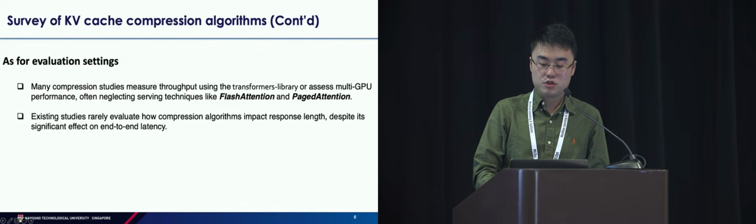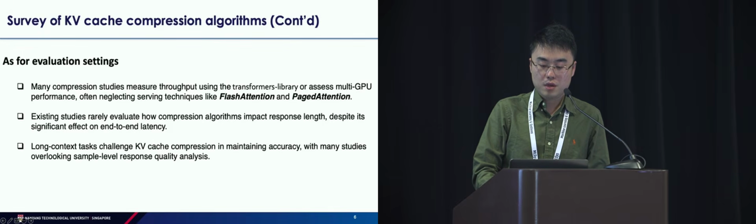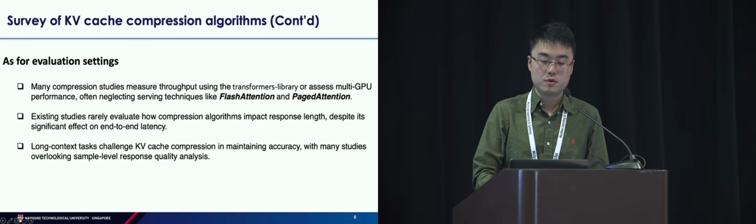Second, they do not pay much attention to how compression affects response lengths, which is important for end-to-end latency performance. Third, long context tasks are challenging for KV cache compression algorithms to maintain the accuracy. Many works report the overall performance, but they often overlooked the analysis of response quality for individual samples.